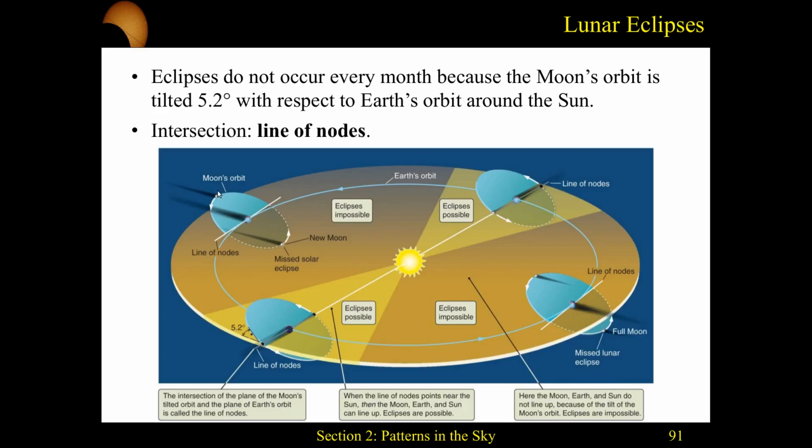So the moon will intersect this plane here, this yellow plane, dip below it, intersect again. It's at the points of these intersections when the moon is crossing through that we'll see eclipses. And that's the reason why we don't get to see eclipses every month. You have to wait for this alignment of the orbit to come together correctly.